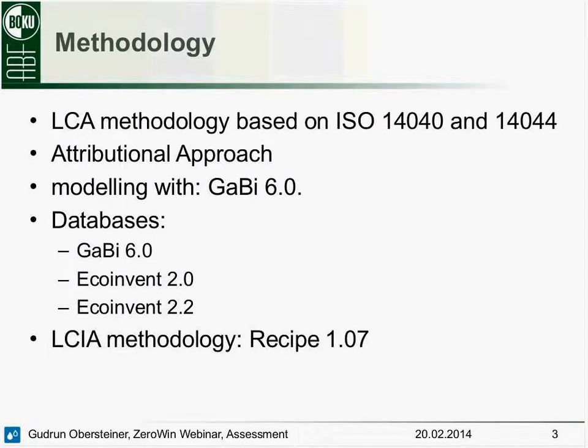We used an attributional approach, and we were modeling with GaBi 6.0, a software system with databases for life cycle engineering, and we used additional databases from ecoinvent, and our life cycle impact assessment methodology was ReCiPe.